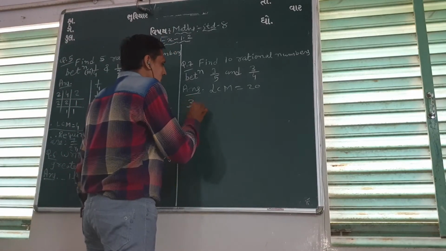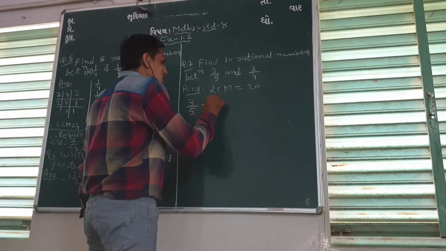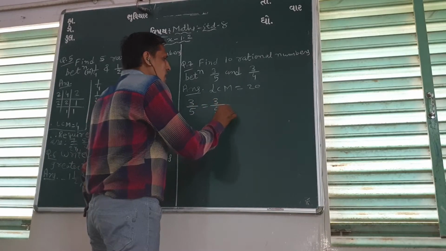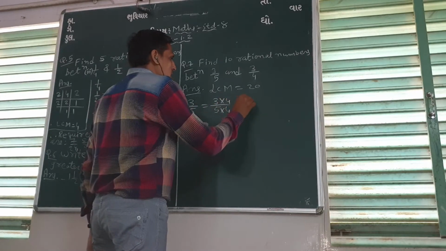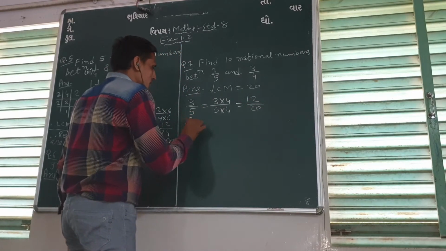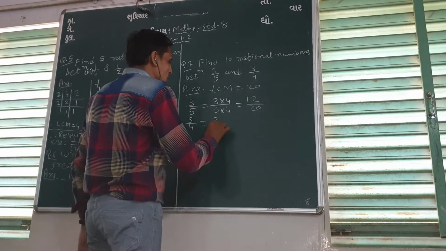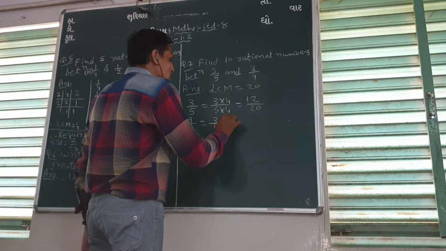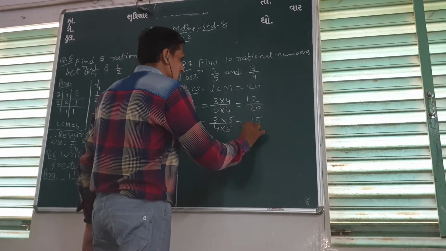So 3 by 5 is equal to 3 into 4 upon 5 into 4, that is 12 by 20. Then 3 by 4 is equal to 3 into 5 upon 4 into 5, so 15 by 20.